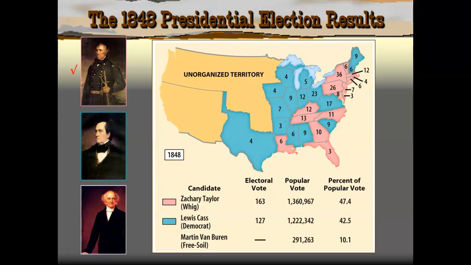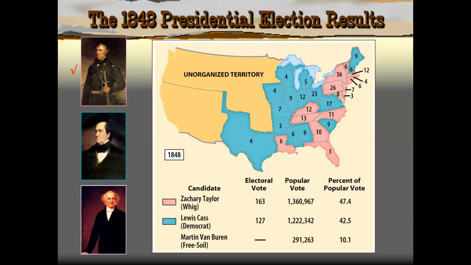But Taylor recommends admitting California immediately. So in March of 1850, California applies for statehood as the 31st state, which will upset the balance of power between slave and free states. And that is going to cause a massive issue.